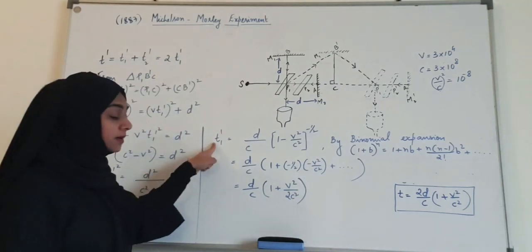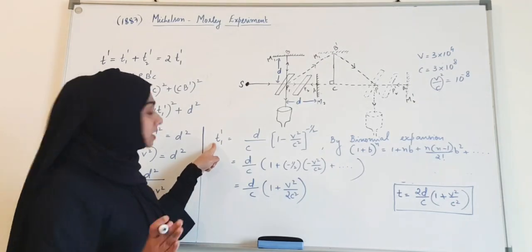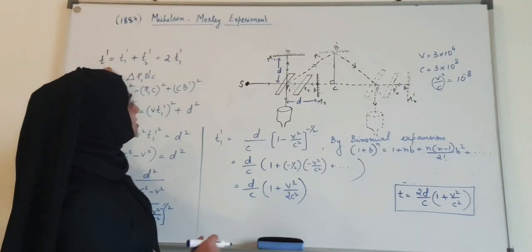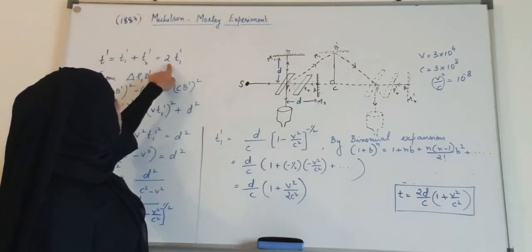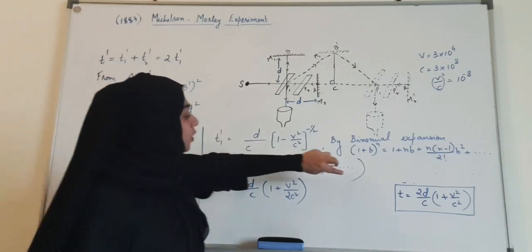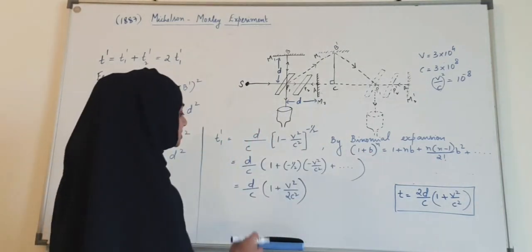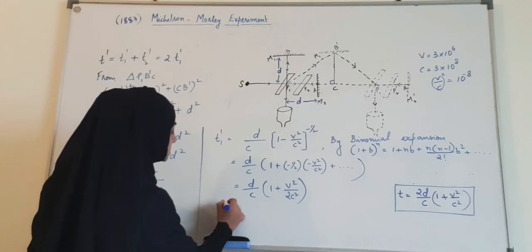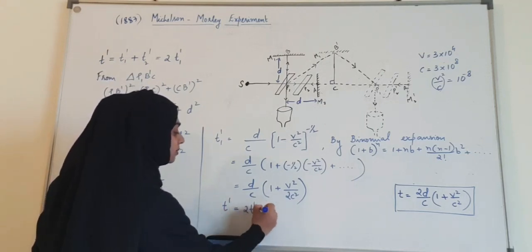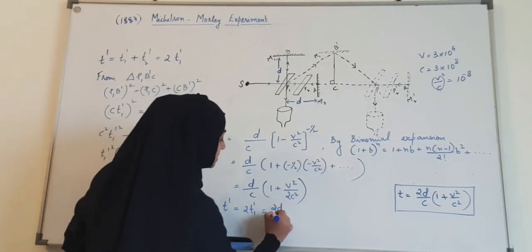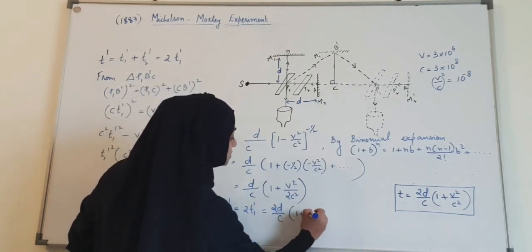Now this is t1 prime, but the whole time taken by the light to go up and come down is twice t1 prime. So the whole time taken by the light to come up and down, which is t prime, is equal to twice t1 prime, which is 2d by c times 1 plus v square by 2c square.